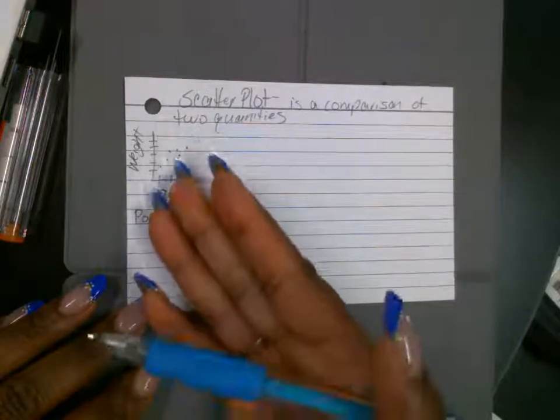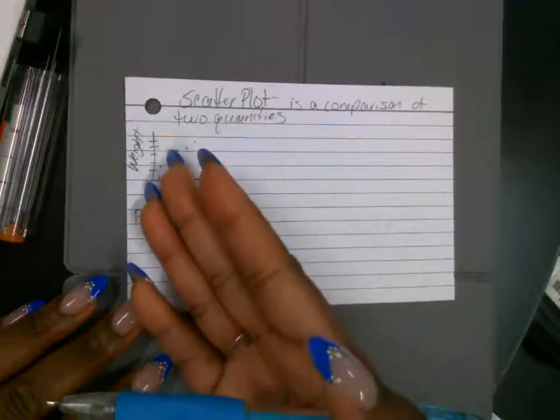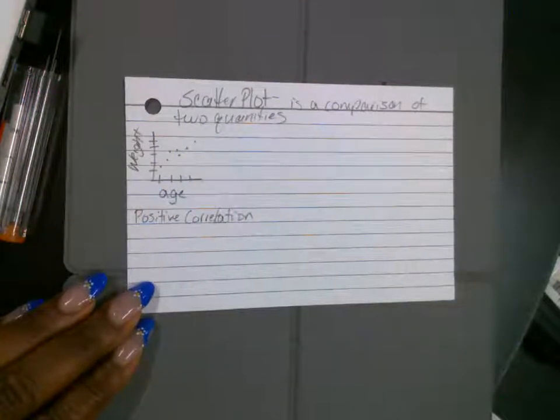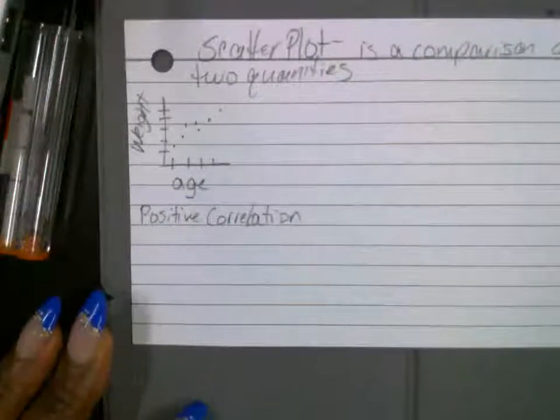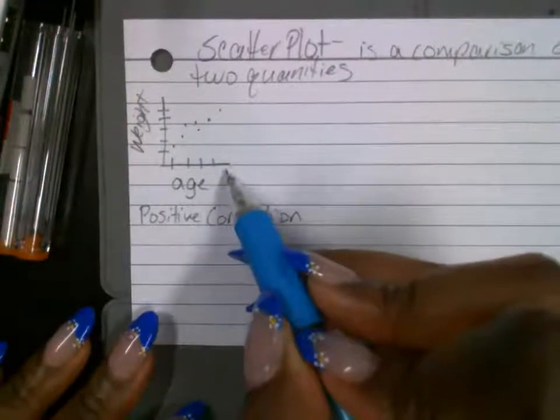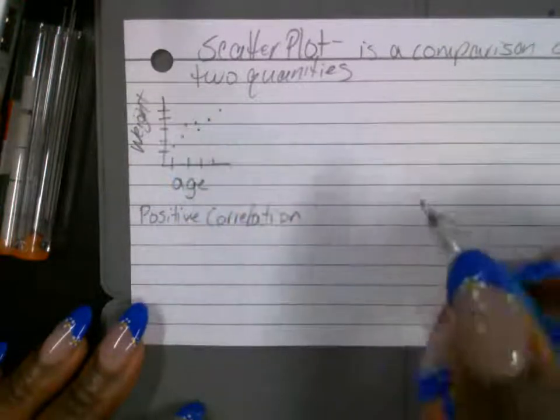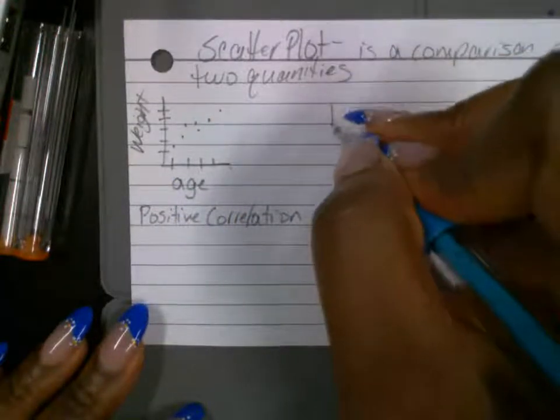This has a positive correlation because as X increases, Y increases. Pause to give you a chance to write. All right, so in this case, as the age increases, the weight increases. As X increases, Y increases.